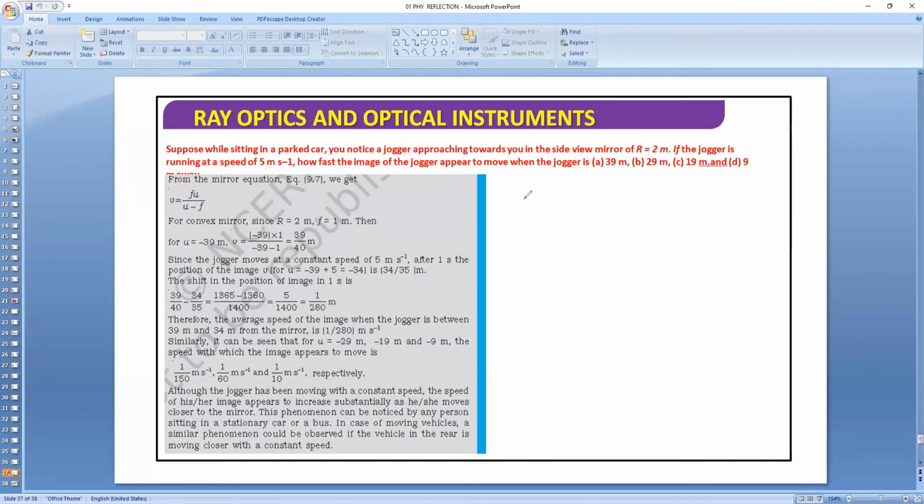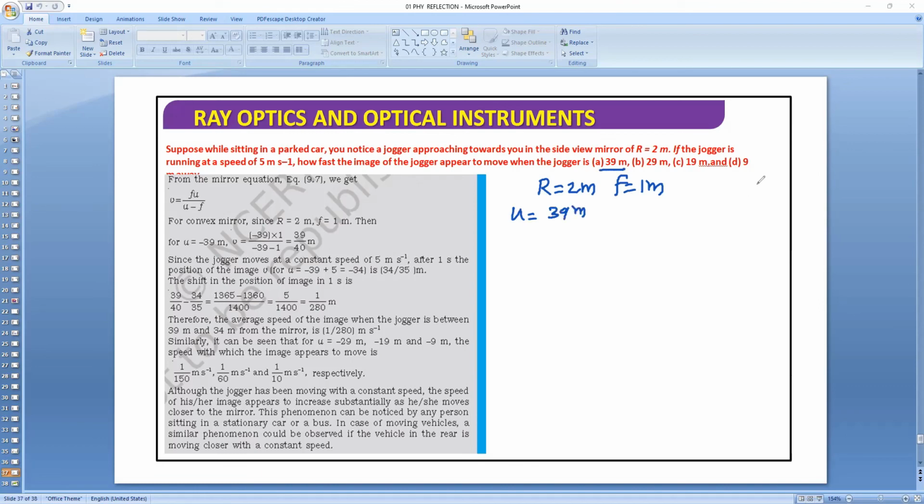Here, radius of curvature R is equal to 2 meters, so focus point is 1 meter. Now object distance U is equal to, first one, 39 meters.